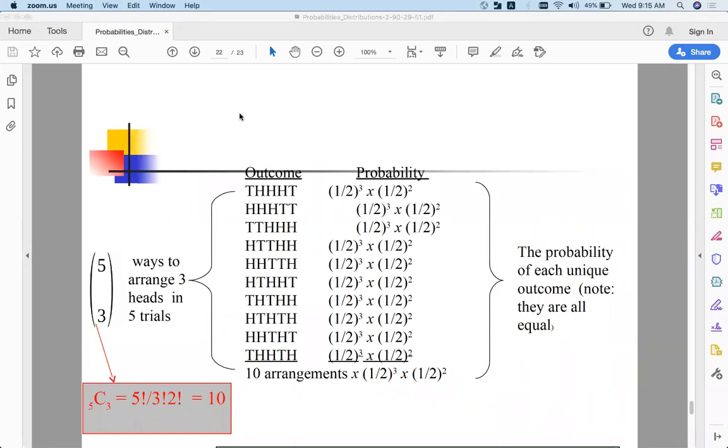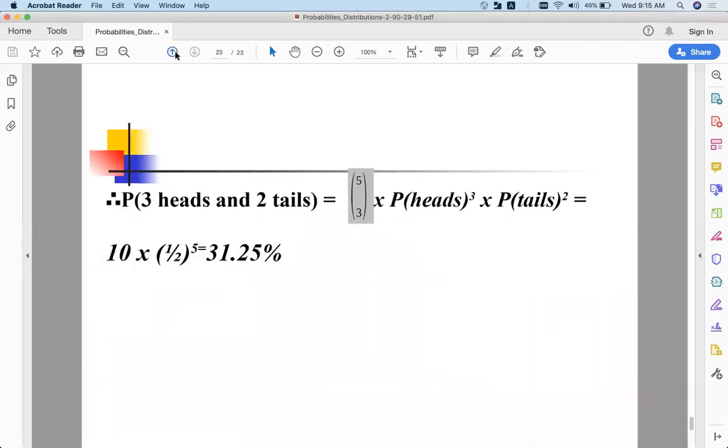Any questions? Can you go back to the previous slide? This one? Yeah. The 5 factorial divided by 3 factorial into (5 minus 3) factorial, right? How would you write 5 factorial? 5, 4, 3, 2, 1, right?